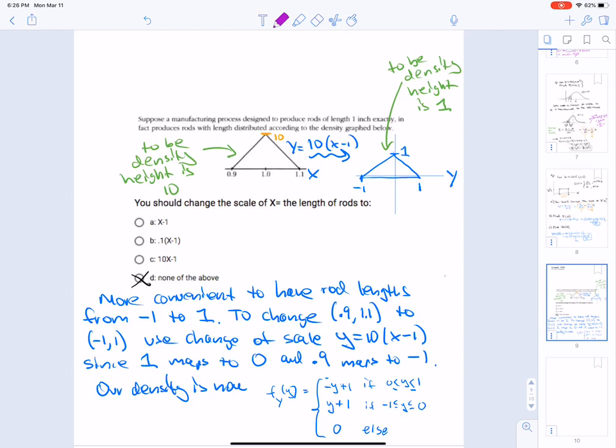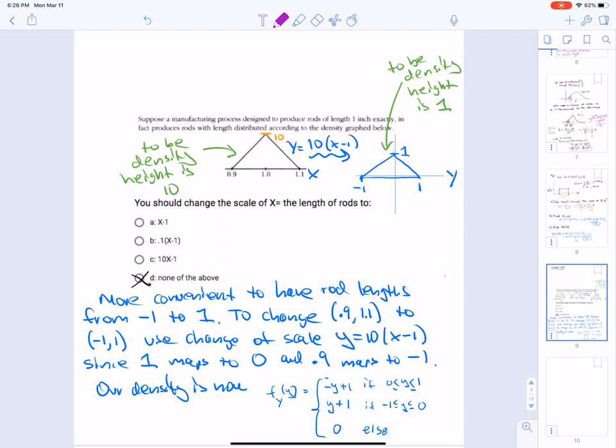So we get the height, once we make our change of scale, we know what height to make our triangle because it has to have area 1. So none of the answers fit except D, so the answer is none of the above.